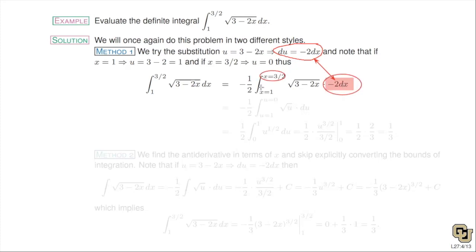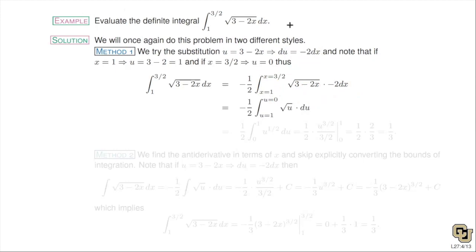I'm going to replace the bounds with the new bounds in terms of the letter u. And I'm going to replace 3 minus 2x with the letter u. So here we go, and you'll see everything has changed. Here's 3 minus 2x, which I replaced with u. Negative 2 dx is du. The 3/2 became a 0, and the 1 stayed the same, basically.